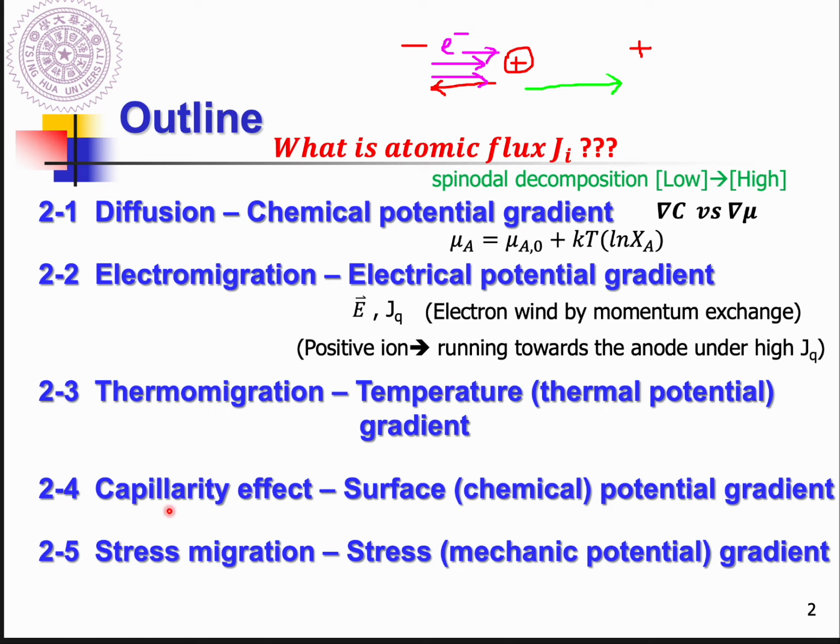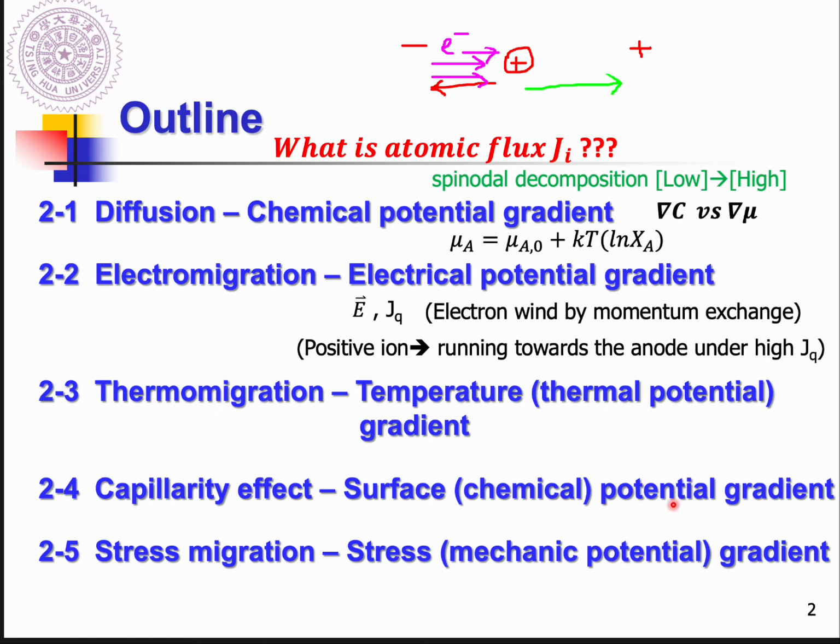Okay, in the fourth part, we are going to talk about the capillarity effect. What's the capillarity effect? It is when you have materials with curvature, curved materials, and the atoms at the surface are different because the curvature is different, right? So the chemical potential or surface potential will vary with the curvature.